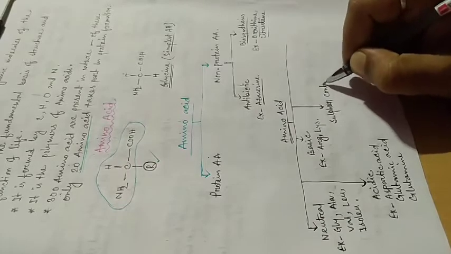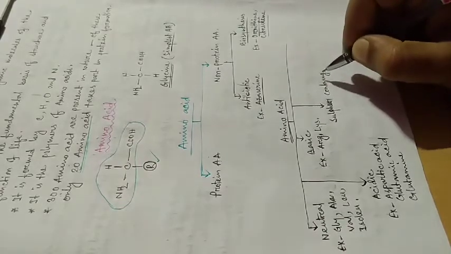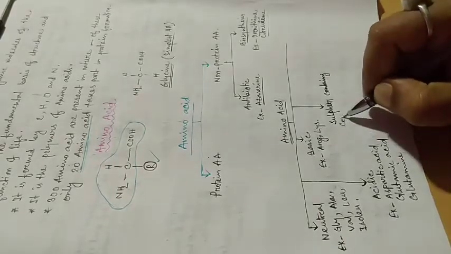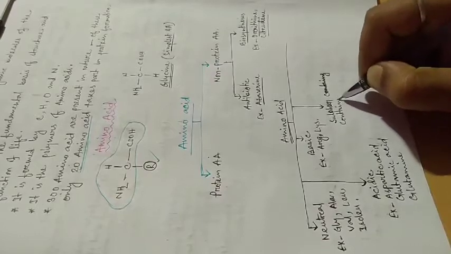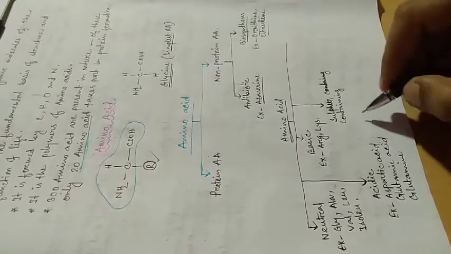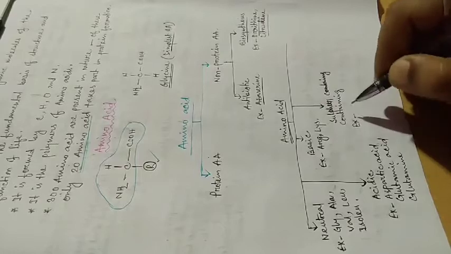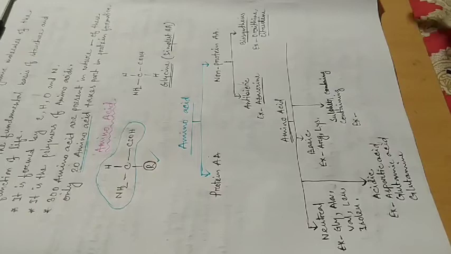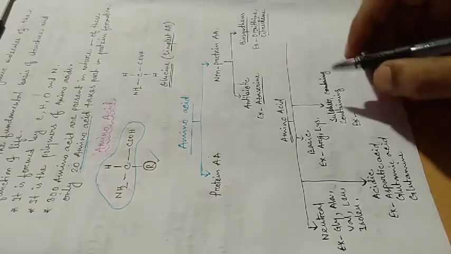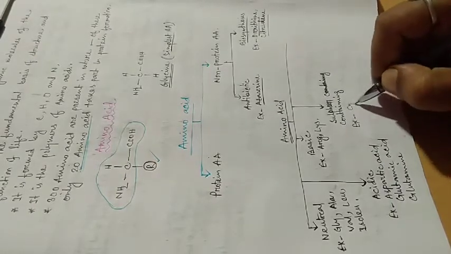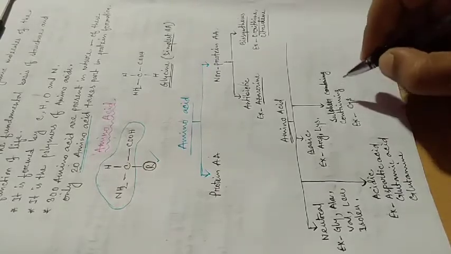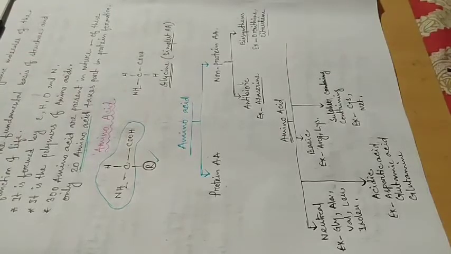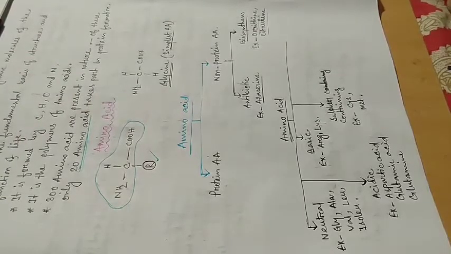Sulfur containing amino acid means those amino acid which contain the sulfur in their R side chain. As example, cysteine, methionine, etc. Those are the sulfur containing amino acid.